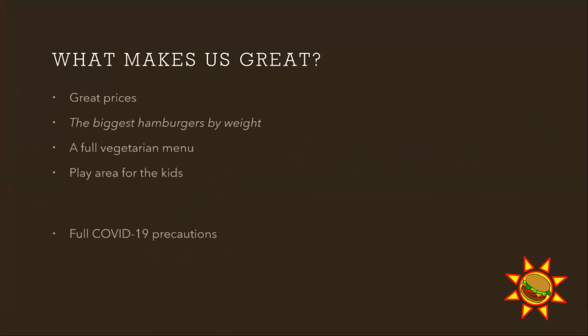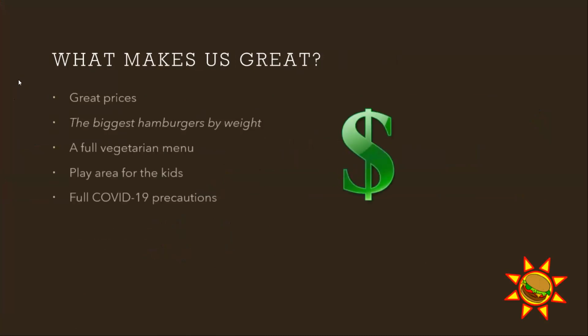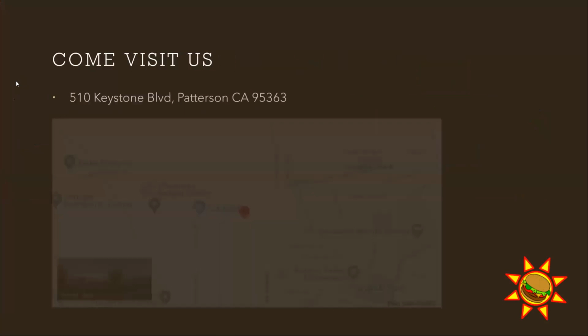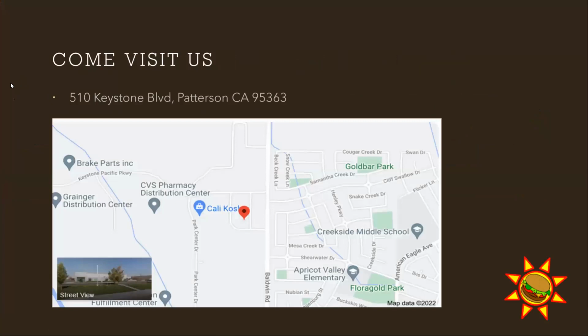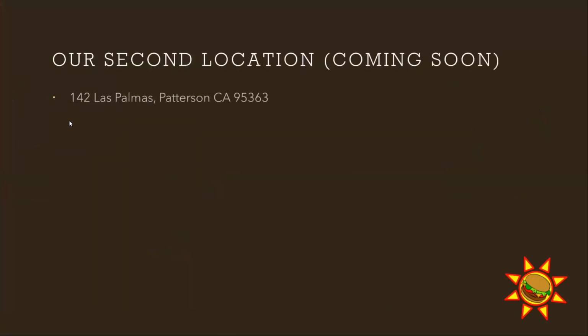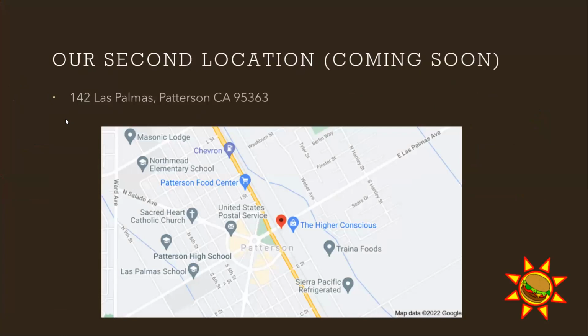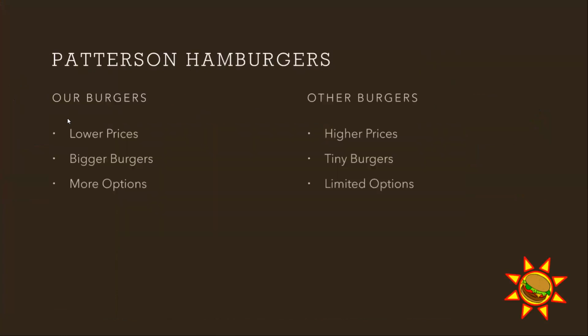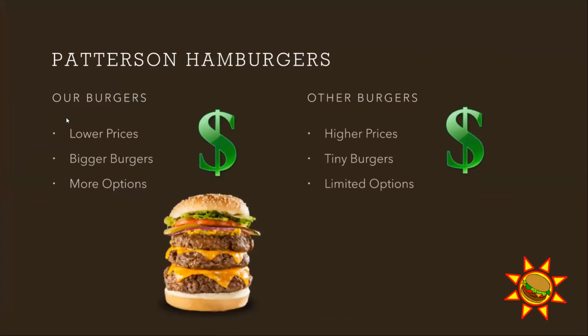There's all the good things about a great hamburger place. And of course, the savings. Here comes our map. The other map, and we can compare our burgers to everybody else.